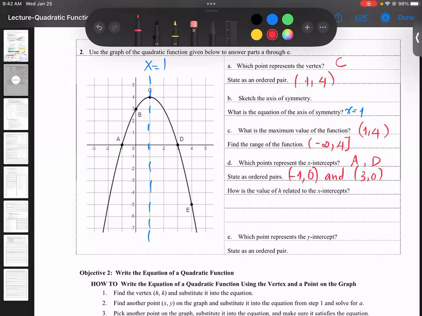Yeah, it divides the graph into equal halves, right? So the distance from 1 to 3 is the same as from -1 to 1, right? Maybe that's what you meant. Okay, sure. So your axis of symmetry is always the middle point of, well, I wouldn't say axis of symmetry. The h point is always the middle point of the x-intercepts.